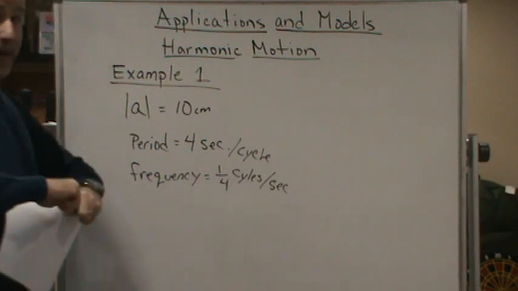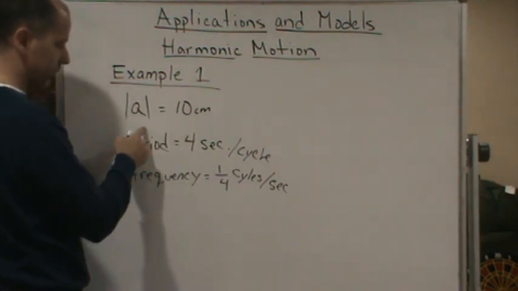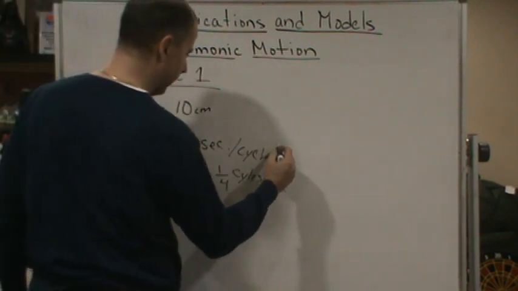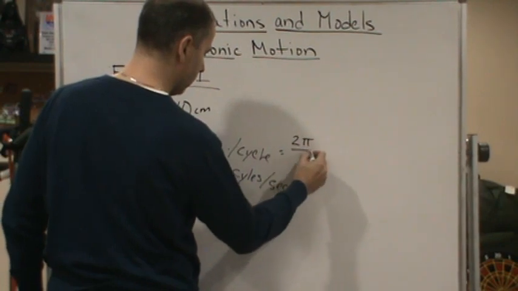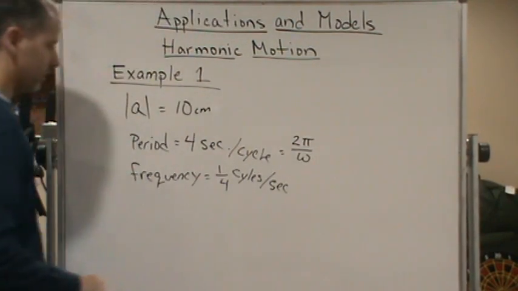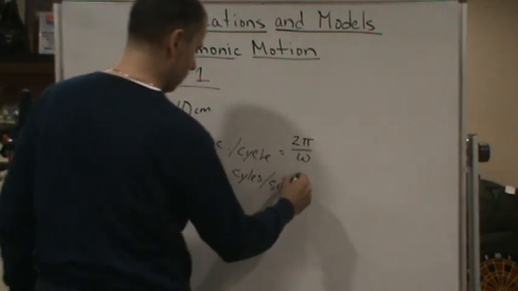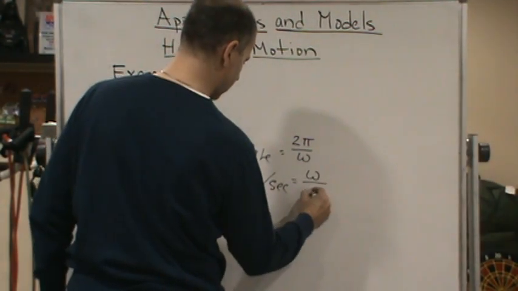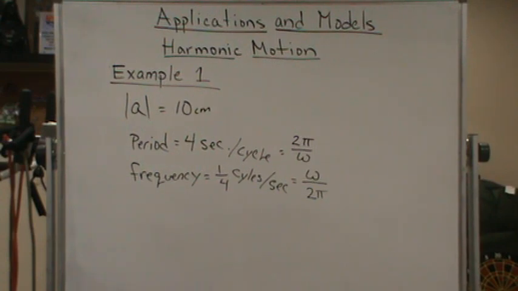But let's verify what we have. This is obviously true given the definition. Remember, the period is 2 pi divided by omega, and the frequency is omega divided by 2 pi.